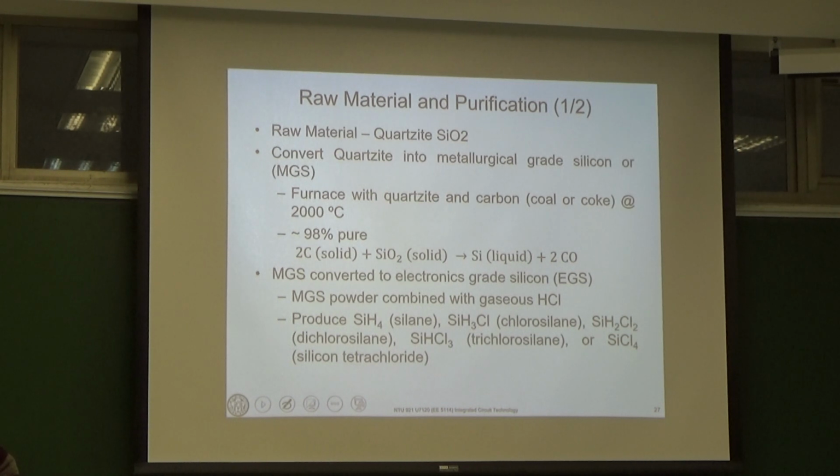Silicon will become like native oxide, and we try to convert this coarse material into MGS material, which is metallurgical grade silicon.